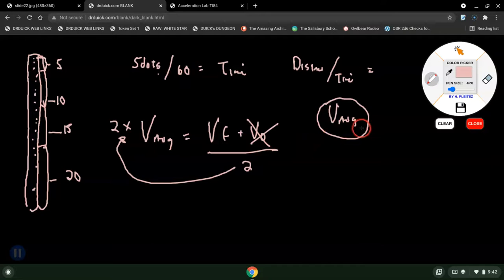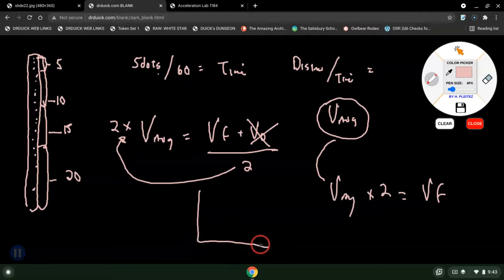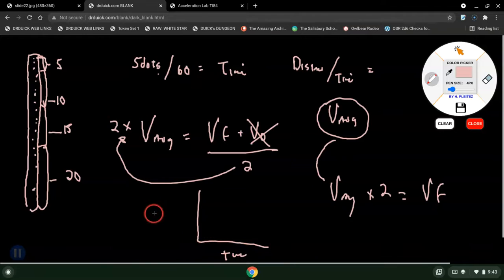So whatever this number is, V average times 2 would be our final velocity. And then we just plot time, which we get from the dots, and we have our final velocity here. We should get a straight line. Of course, it'll be a little sloppy and have weird things going on because it is science and we're actually doing this, right? So let's look at the way this thing's set up, okay?